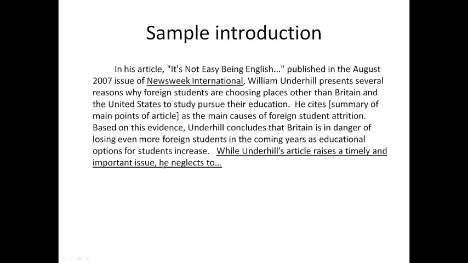If I were going to say, Underhill's article not only raises a timely and important issue, but he also, and then obviously that's going to be a positive. I'm going to be really focusing in the article about what a good job he did.